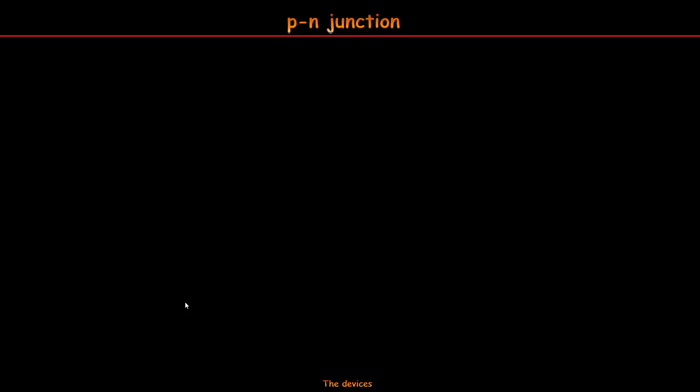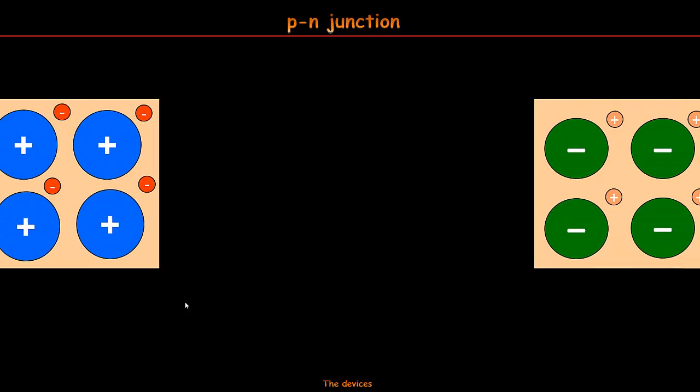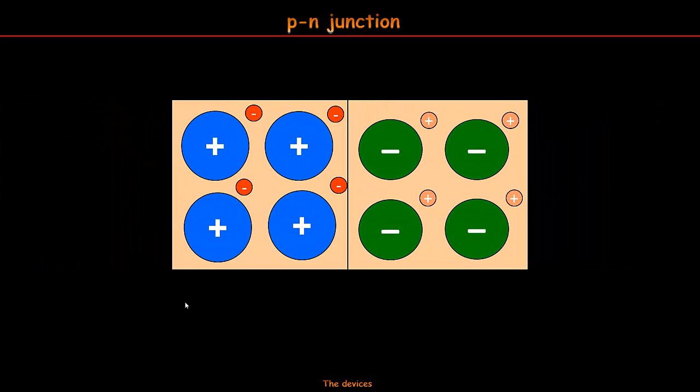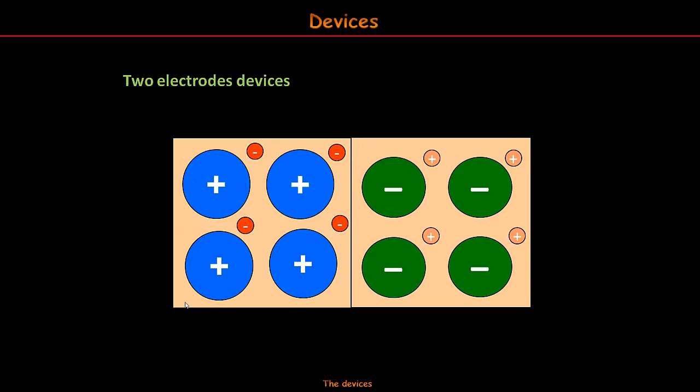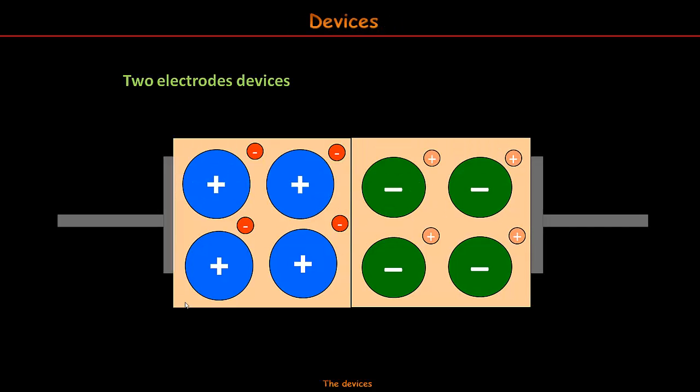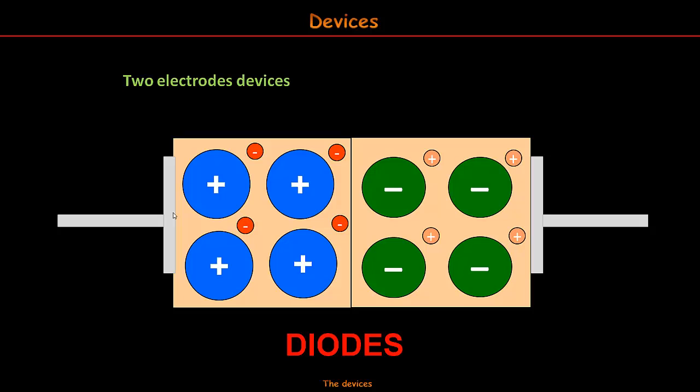Okay, a diode is just the junction of two pieces of semiconductor, one N-type and the other one P-type. If we add to this junction two electrodes, we can work with it. Now it will be possible to extract and insert carriers from and to the junction. They are simple metallic contacts to wire the junction to the rest of the circuit. Then a diode is a p-n junction with two electrodes.